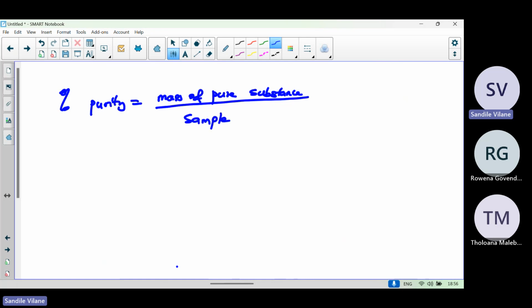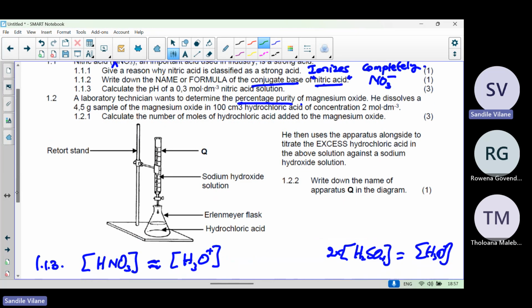Your sample has even the impurities. This sample mass will be given. The mass of the pure substance will be calculated. So we shall consider that.